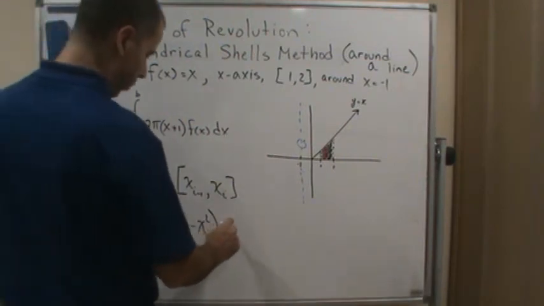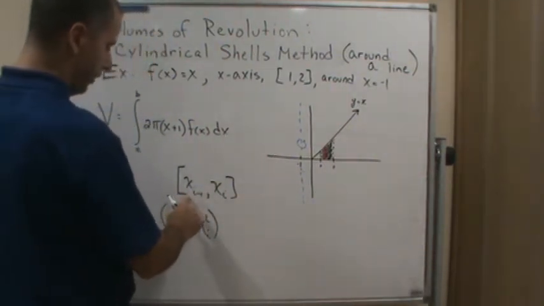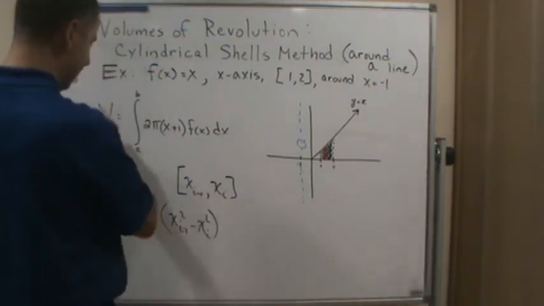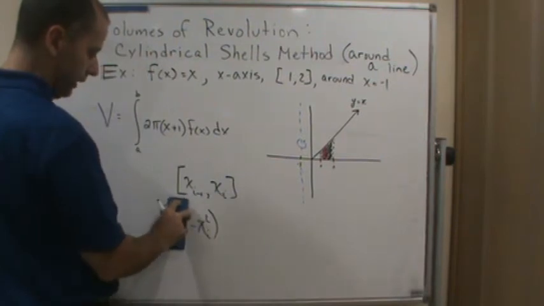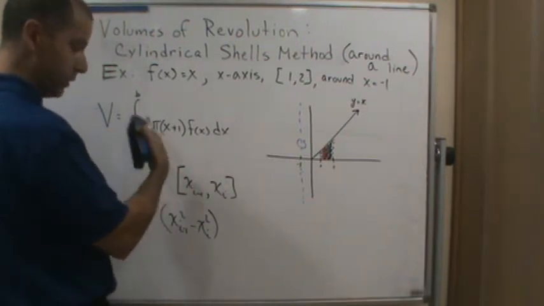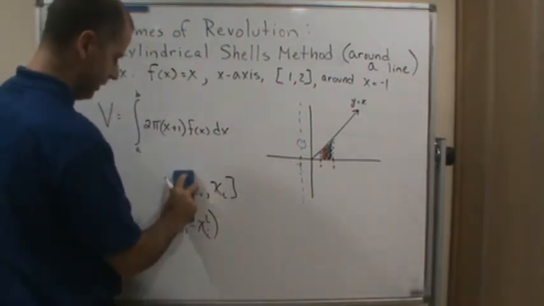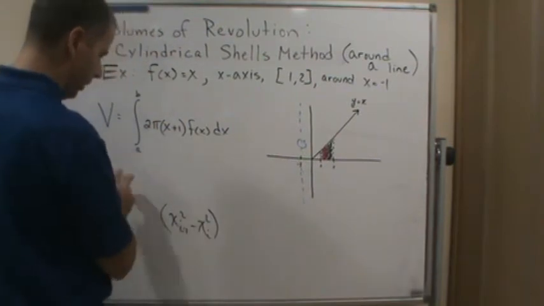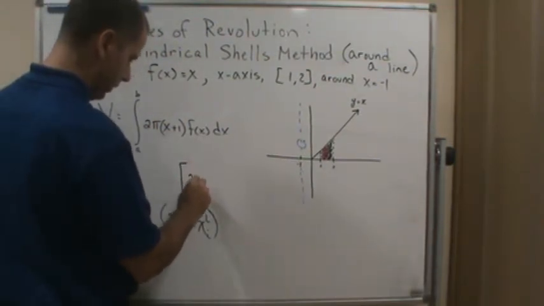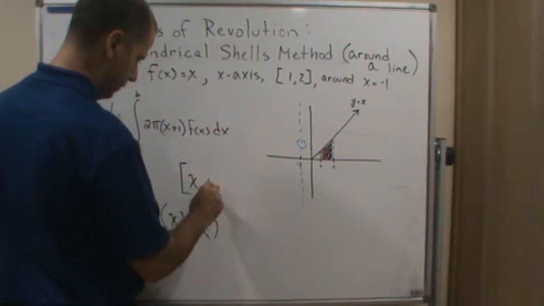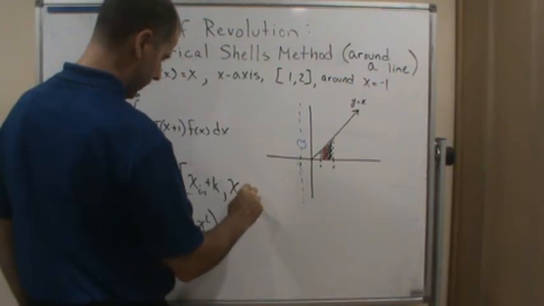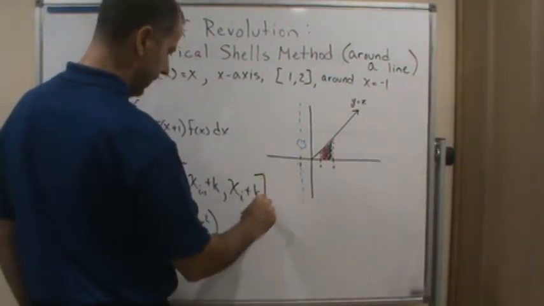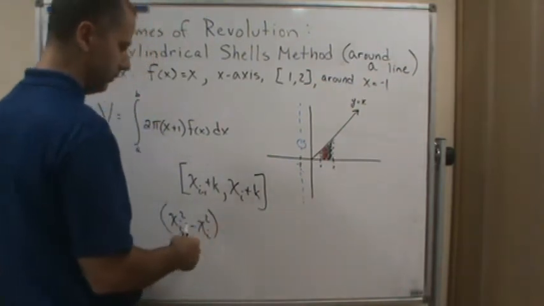But now we're going to have an extra k in here. So instead of having this, our interval is now x plus whatever the k value is to the left in this case. So we start with x sub i minus 1 plus k and x sub i plus k, because it's how many k values we're adding or subtracting.